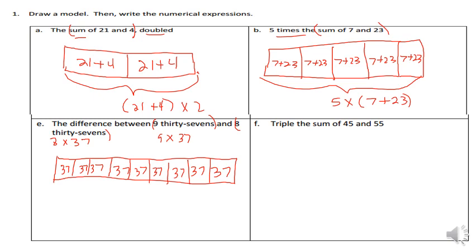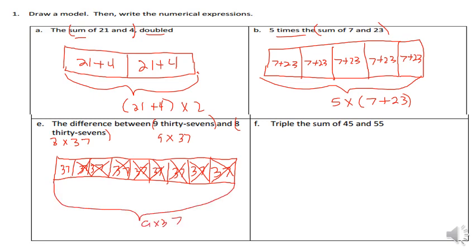Now, 8/37. I'm going to go ahead and X off 8 of them. There's 1, 2, 3, 4, 5, 6, 7, 8.